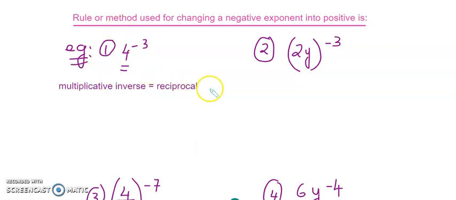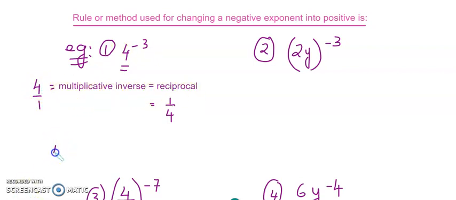If my number is 4, the reciprocal will be 1 over 4, because 4 can be written as 4 over 1. So just shift the number in the numerator to the denominator and the denominator number to the numerator. Just put it upside down, and you will get your multiplicative inverse.